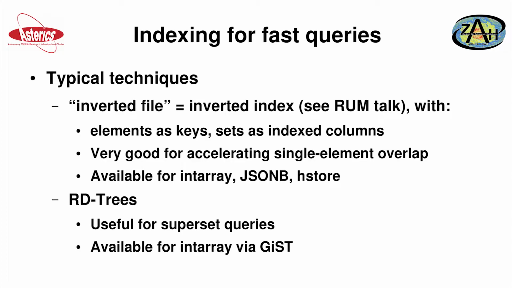And also for other queries, such as superset queries, you have only with the intarray data type in Postgres also the option to use the so-called RD trees. So there's a special kind of R tree.